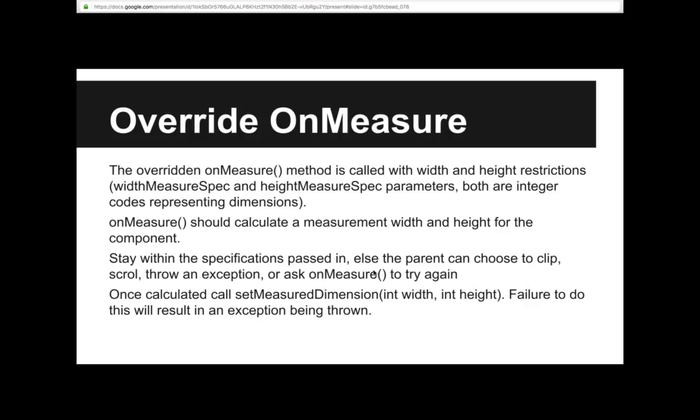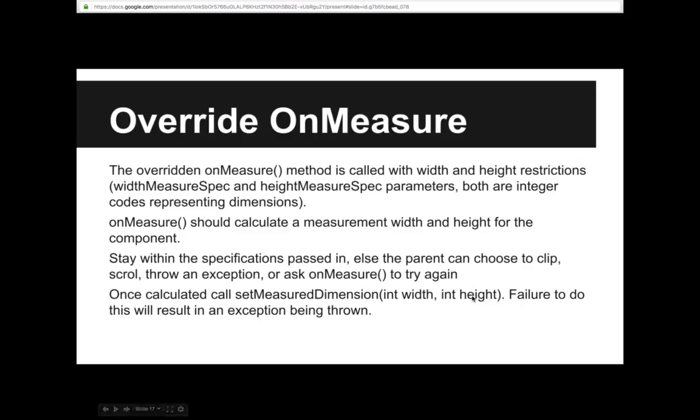override the onMeasure method and pass back the calculated measurements. This is a couple extra steps that you have to do in order to figure out what your view actually is on the device. So whether it's rotated in portrait or landscape mode, you have to set that up. You have to do the calculations, and then finally you have to call setMeasuredDimension. You have to pass it height and width.